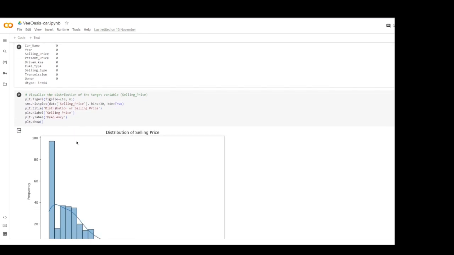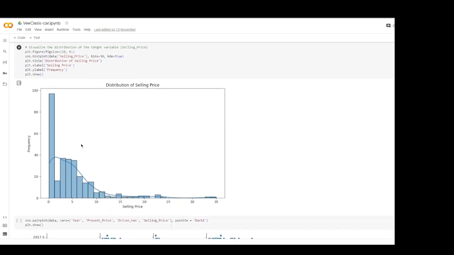Okay, let's first visualize. We commence with a histogram to dissect the distribution of selling prices. This graphical representation allows us to grasp the frequency of different selling price ranges, providing a bird's eye view of the dataset's central tendencies. So this figure sets the size of it. Using Seaborn, we are using the histplot.